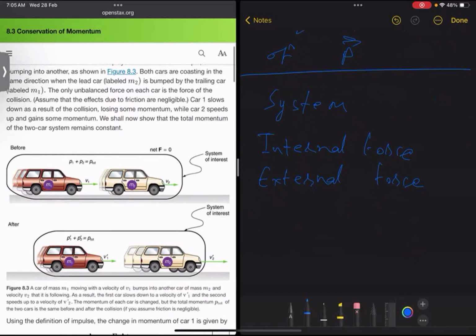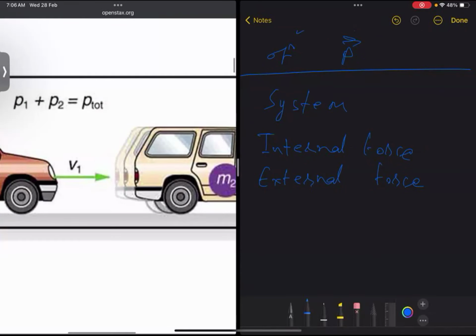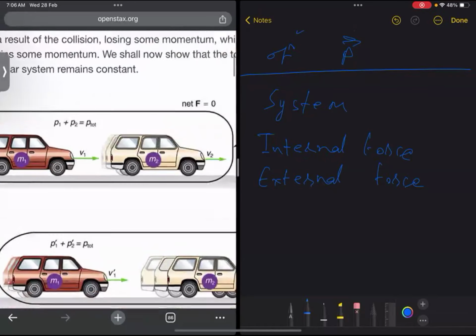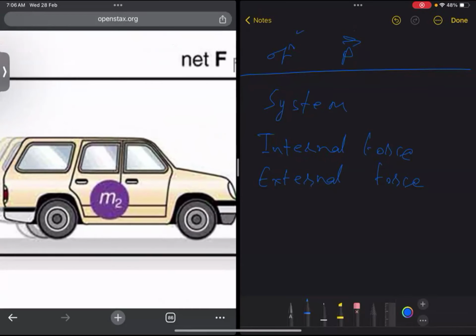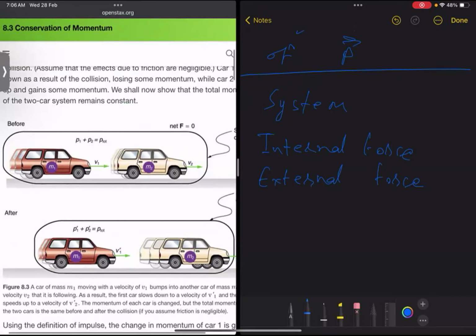Okay. So what is system? You can select as a system anything, whatever you want. You can select the car one only as the system, or you can select the car two only as the system, or you can select both of the cars as the system.